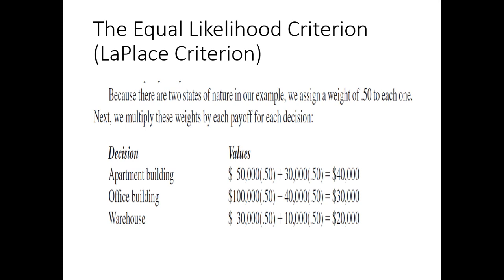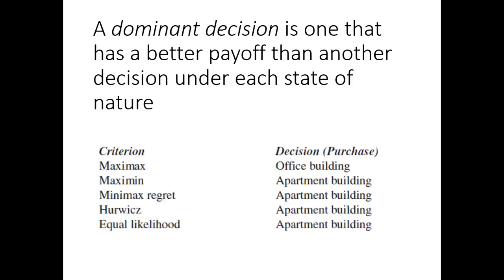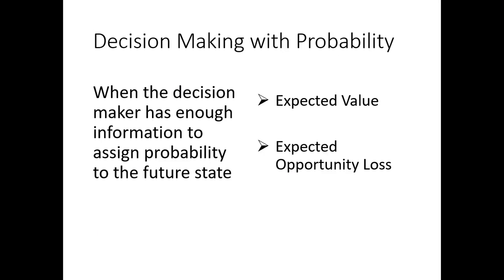Okay. Now the second type, decision making with probability. I don't need to explain probability again. Whatever more you need to learn, either ask me later or search on your own, otherwise you will get confused. It is mathematical probability.